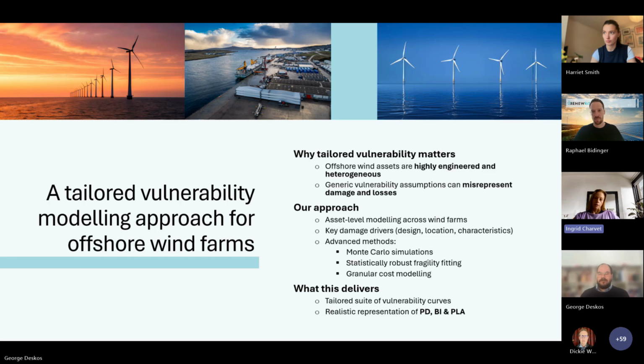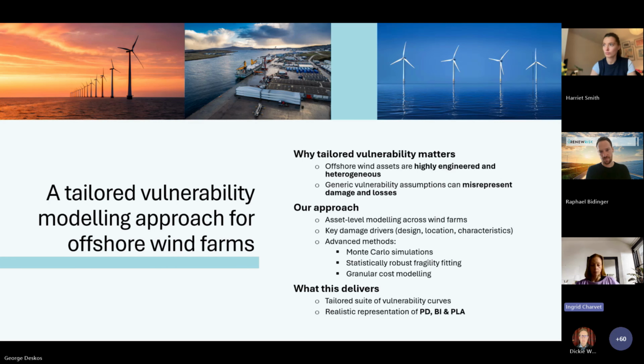So why does tailored vulnerability matter? Mainly because offshore wind assets are highly engineered and they behave quite differently under extreme weather. Generic vulnerability assumptions typically wouldn't work, and they would heavily misrepresent damage and losses.